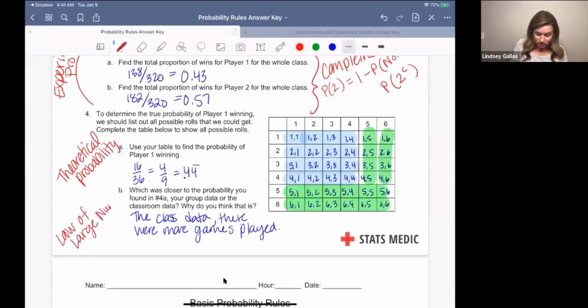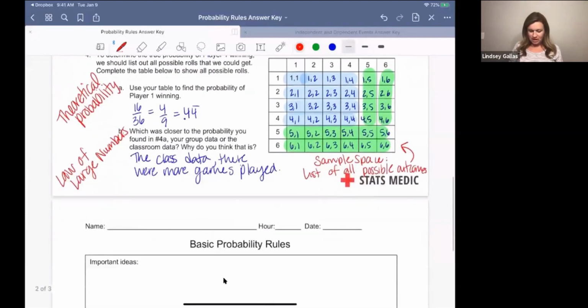The more trials you do, the closer the experimental probability comes to matching the theoretical probability. Okay, one last thing on here, I do want to note this table showing all possible outcomes. This is called a sample space. And a sample space is a list of all possible outcomes.